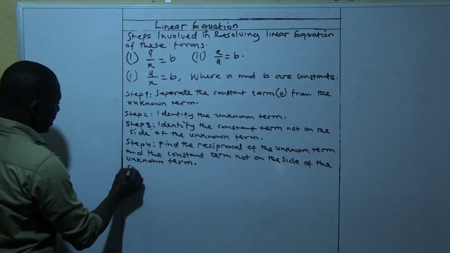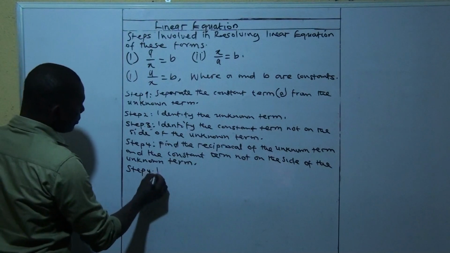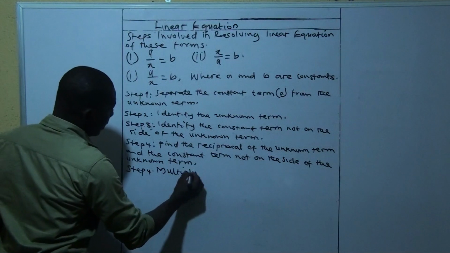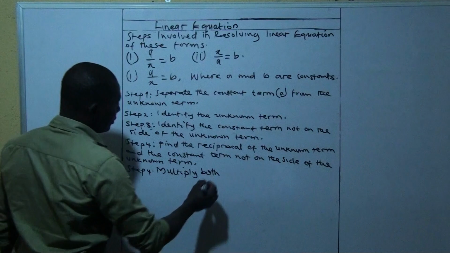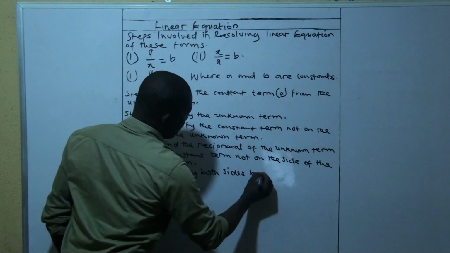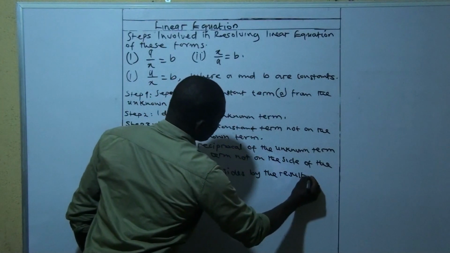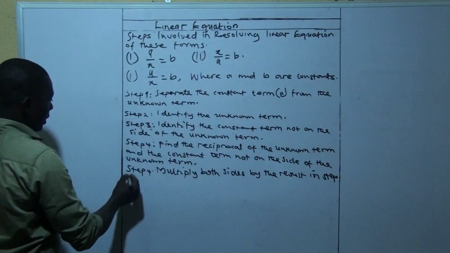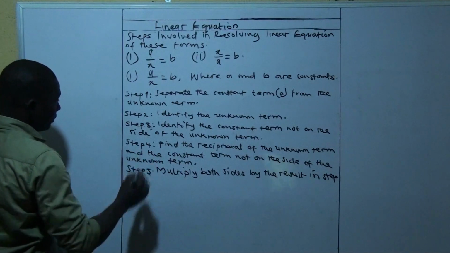Then the final step, which is step 5, multiply both sides by the result in step 4.